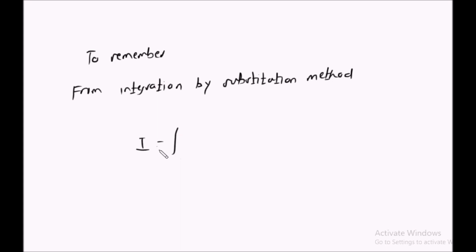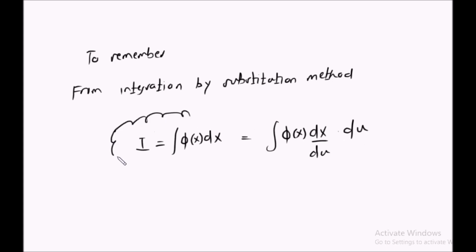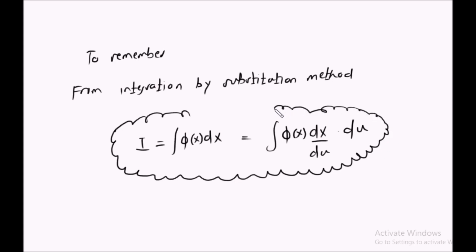Tunasema ukiintegrate a function of x with respect to x, I can change the independent variable to u. Kwa hiyo inakuwa ni hivi. So hii ndo formula ya nini? Ya integration by substitution method. Ndio hii.